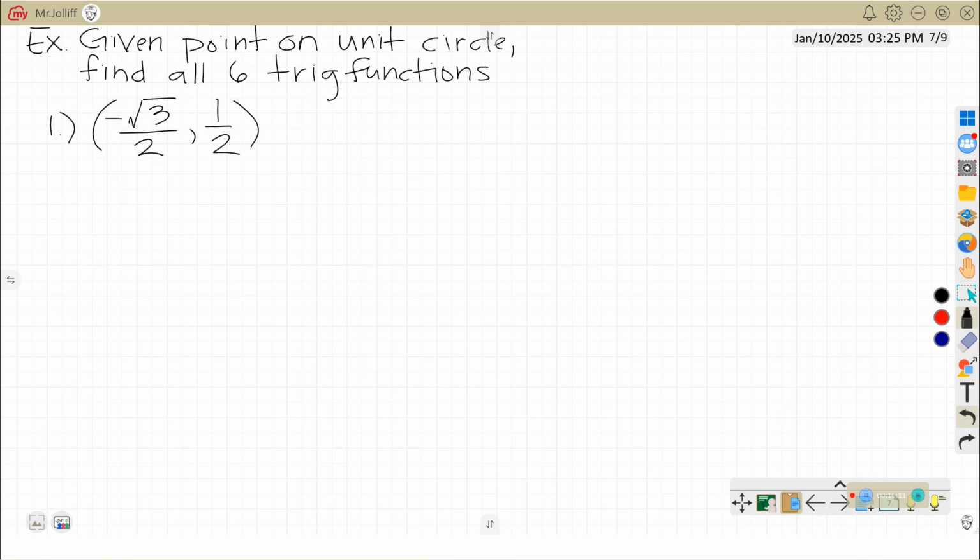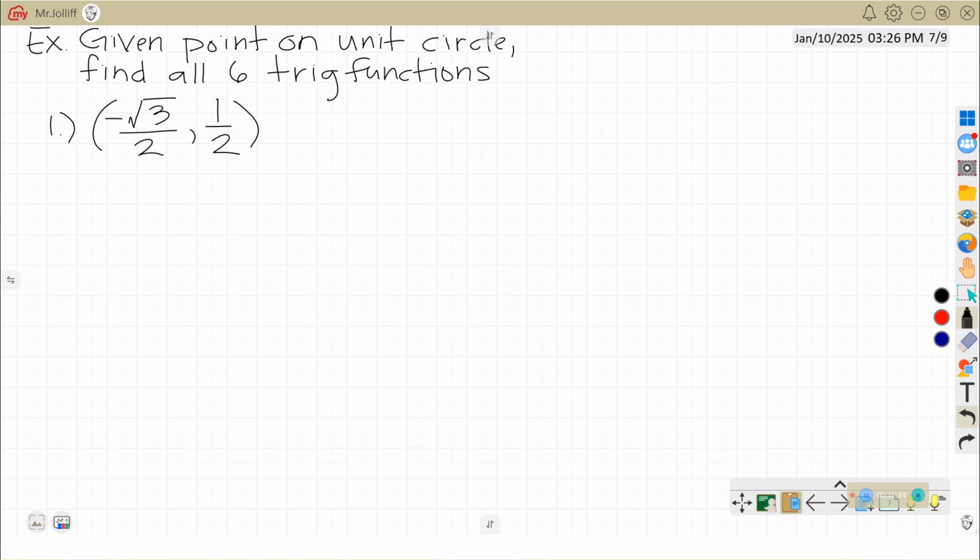So our first point, negative root 3 over 2, comma 1/2. I already have 2 of those 6 answers.